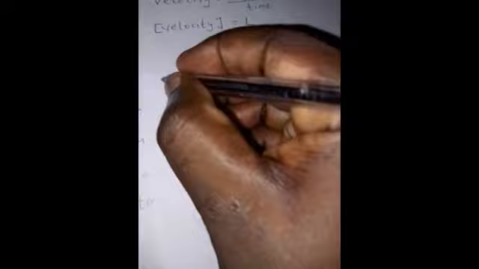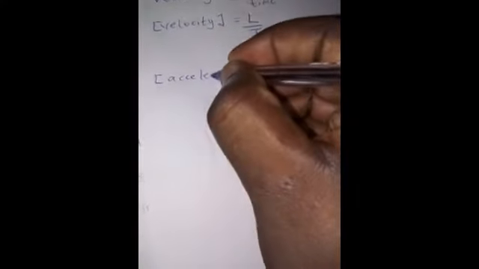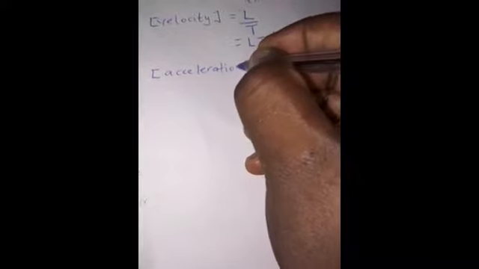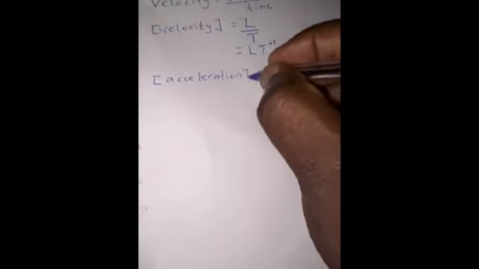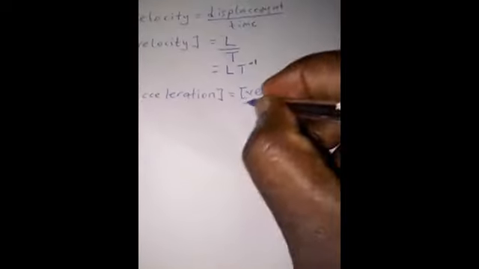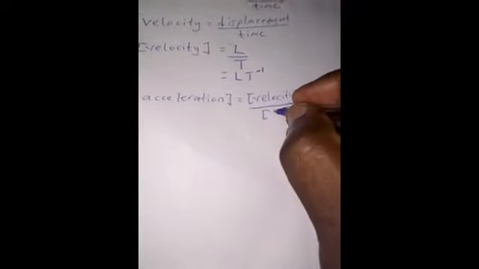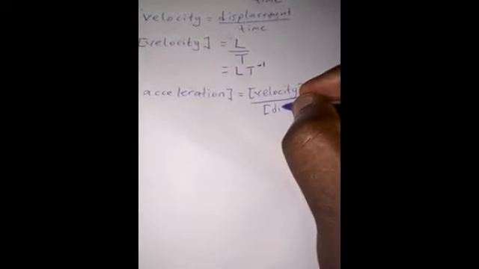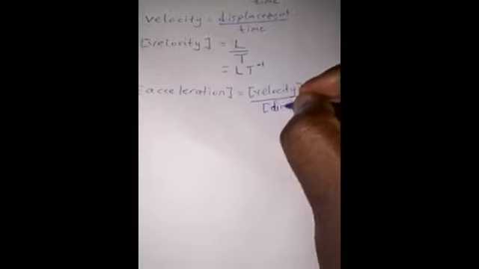So hence the dimension of acceleration is equal to the dimension of velocity divided by dimension of time.